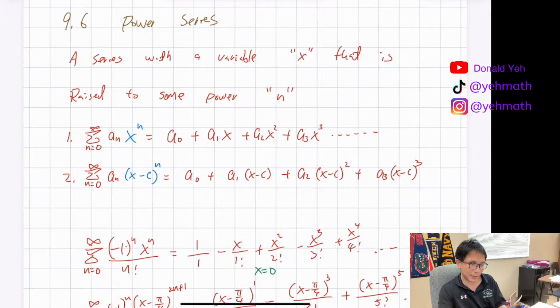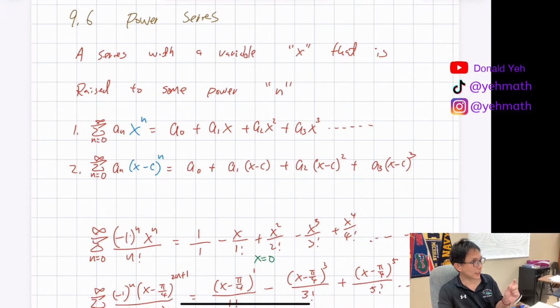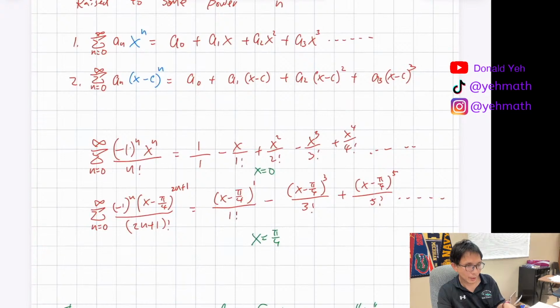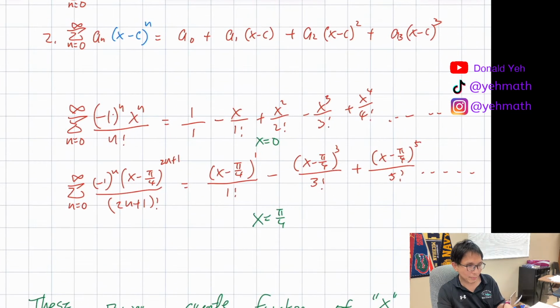Power series is like this. It's basically a series with an x in there. And it could be x to the n or x minus c to the n. The a_n is a series. This is the first time we bring a variable into the series. Now remember, this is just some type of series I can represent. Usually we don't have x. Now we have x in there.